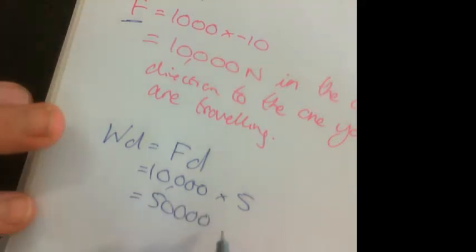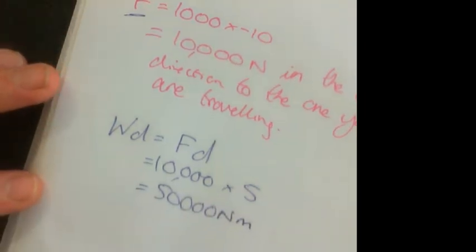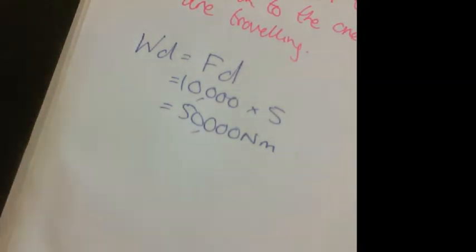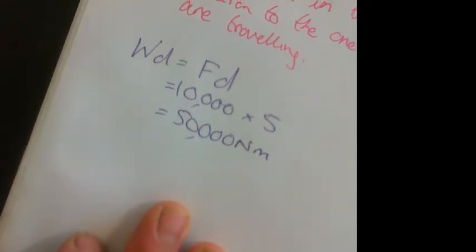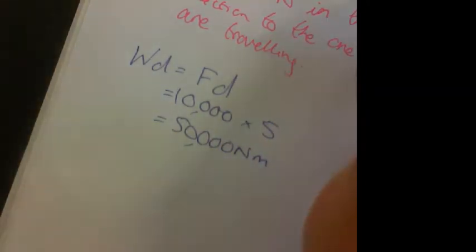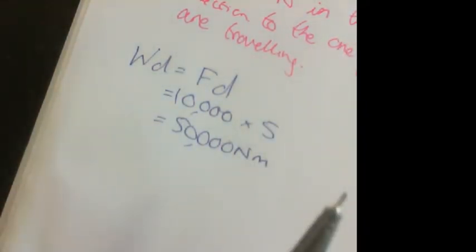So you can work out what the work done is as well if you wanted to, so 50,000 newton meters. And that's how much work you would have to do to stop the object of 1,000 kilograms, which is currently travelling at 10 meters per second in a distance of 5 meters.